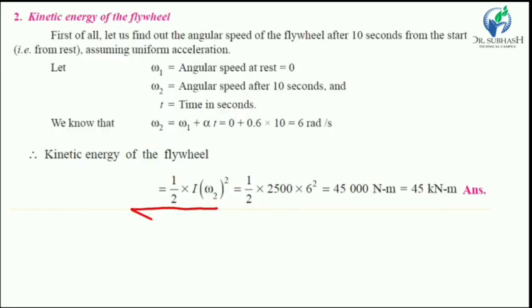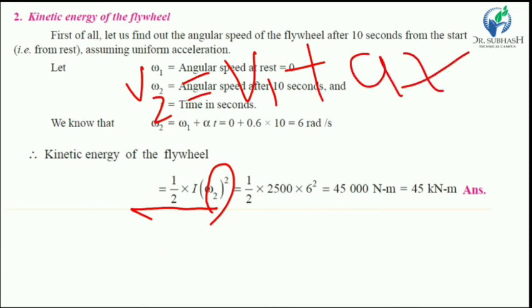we know that the kinetic energy of a rotating body is defined by 1/2 I omega square. So we have to find the omega for 10 seconds, and we know that v2 is equal to v1 plus at. So this equation is applied for angular speed also.